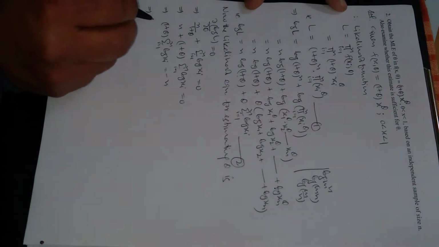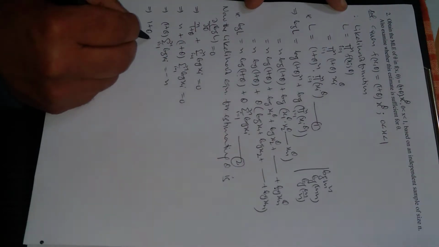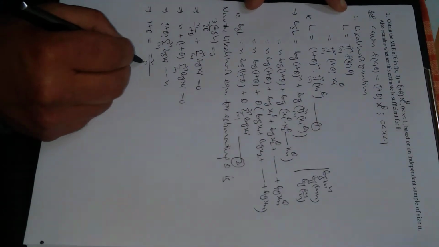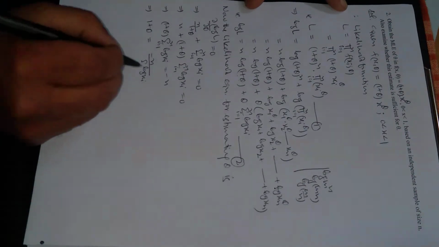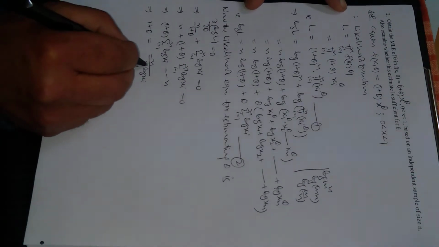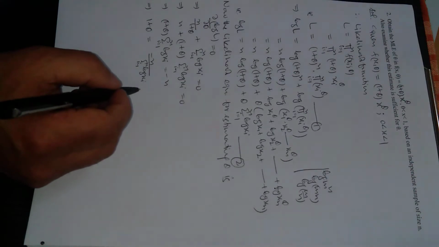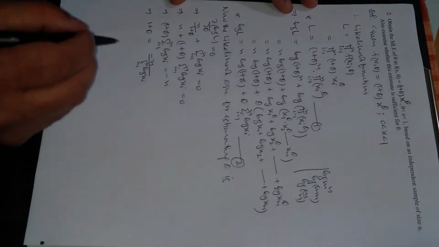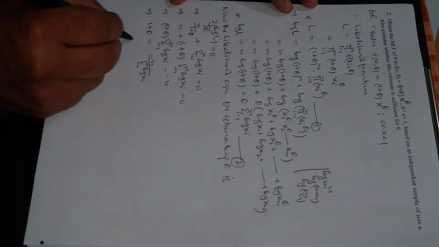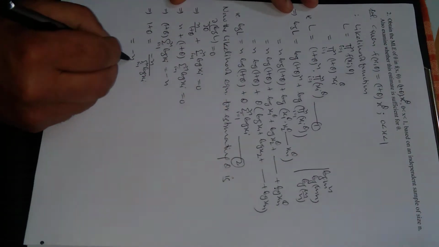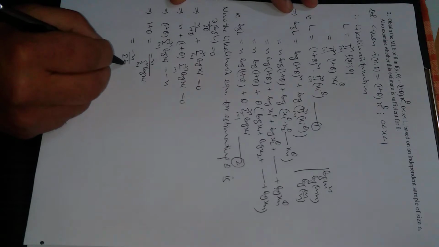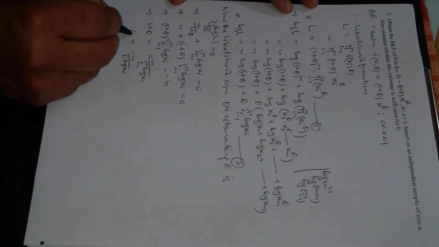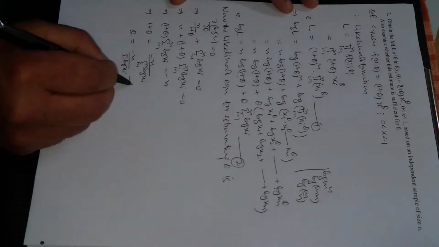This further implies 1 plus theta is equal to minus n upon the summation of log x i, with i varying from 1 to n. We want to find theta, so this will be minus n upon the summation of log x i, minus 1.